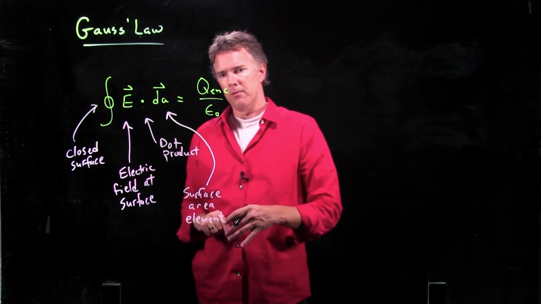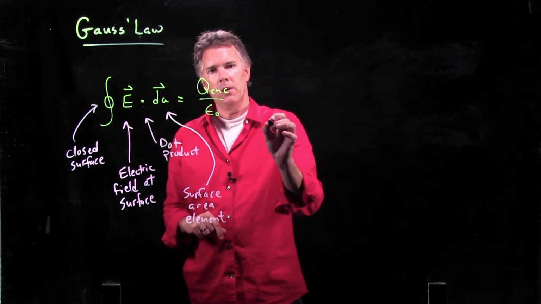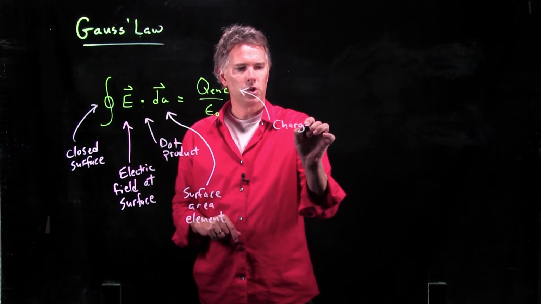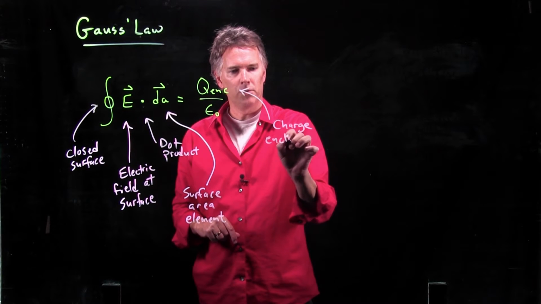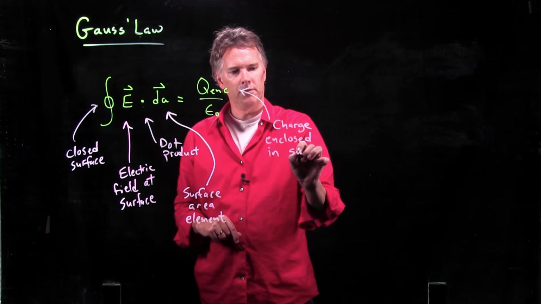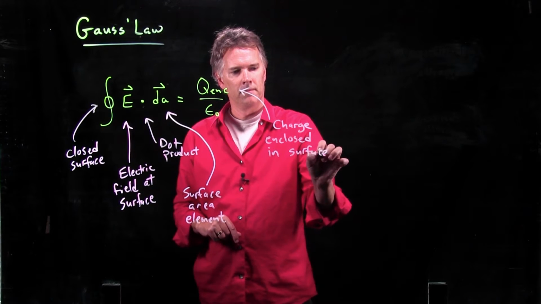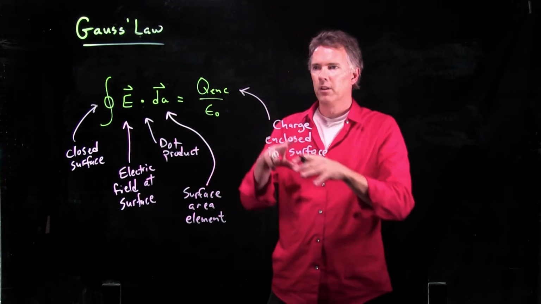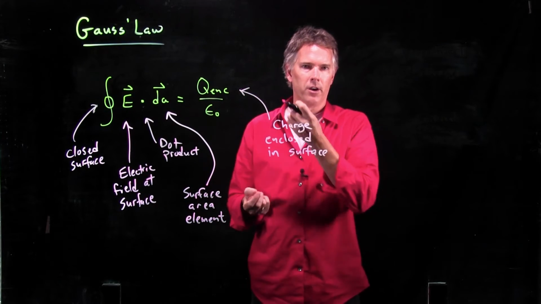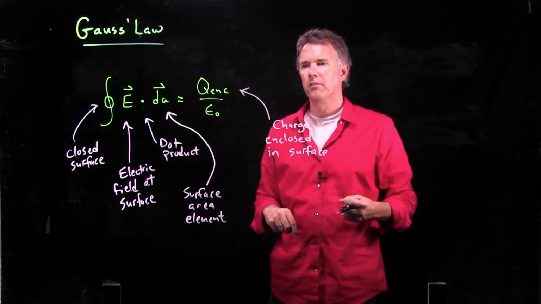What about the stuff on the right side? Q enclosed, that is our good old charge enclosed within that surface. So if it's a closed surface, it's everything inside of it. So for a sphere, it would be all the charges that are inside that volume of the sphere.